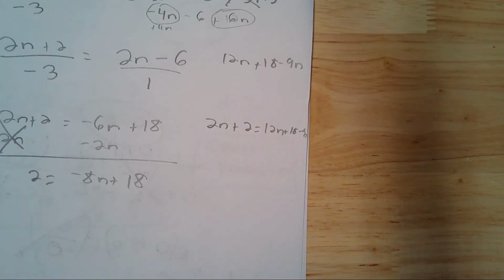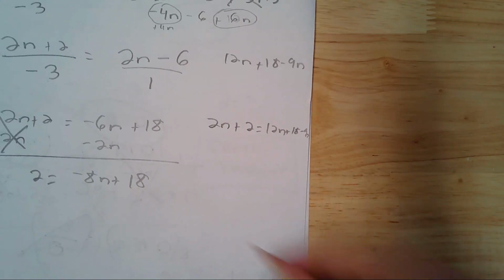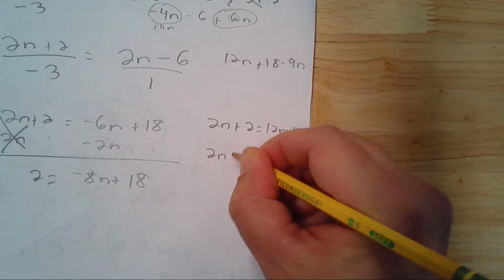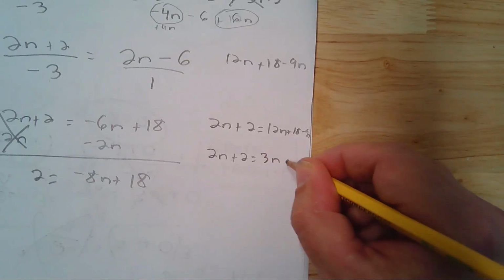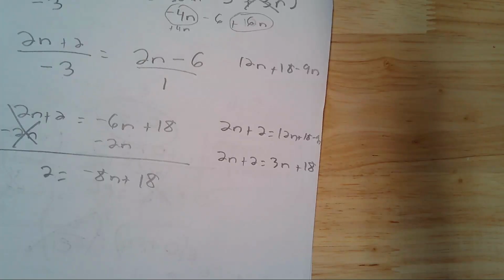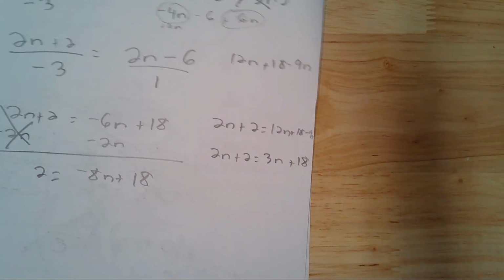I think I combined them. So you did 12n minus 9n, because that would be the only combined you have. So then you would be at 12n minus 9n is 3n plus 18. And you're still on the right course with your n's, because we haven't done anything with this. So then what did you do?